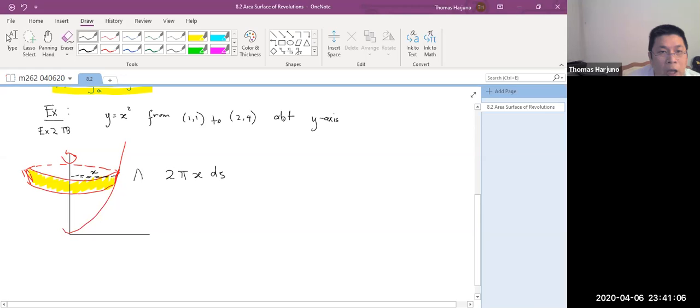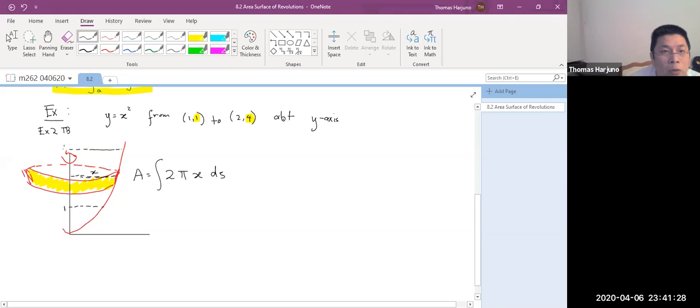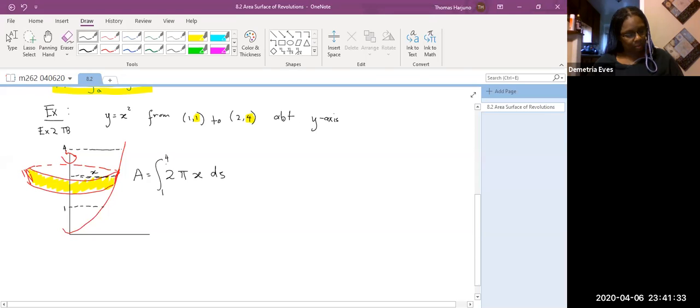Okay, so that's the area of the shell. So the total area will be the integral from y equals what to y equals what? From y equals 1 to y equals 4.